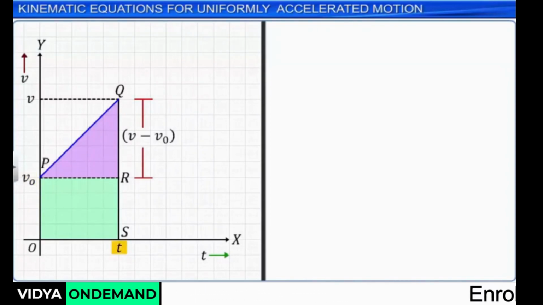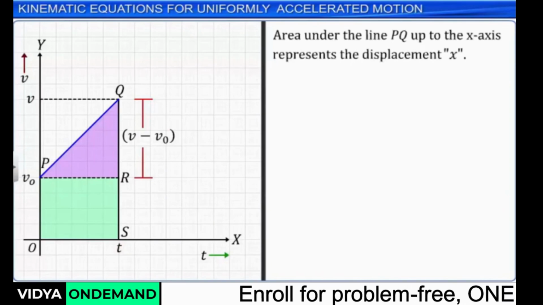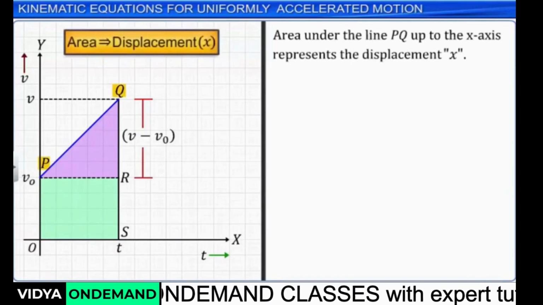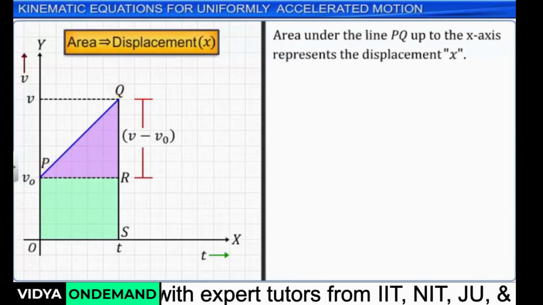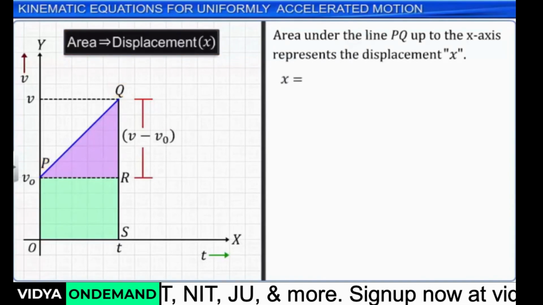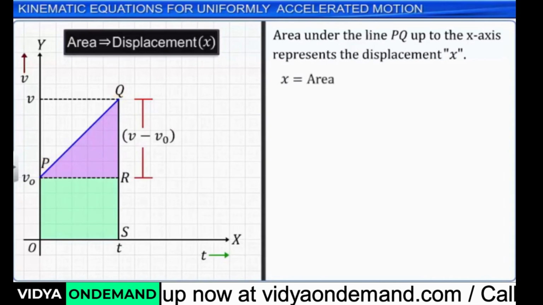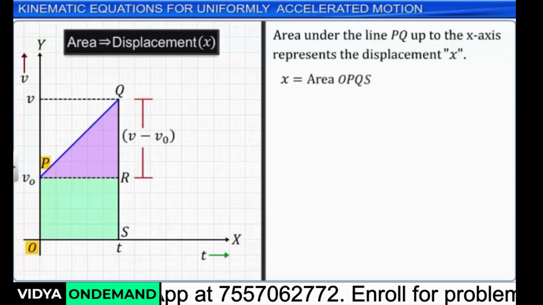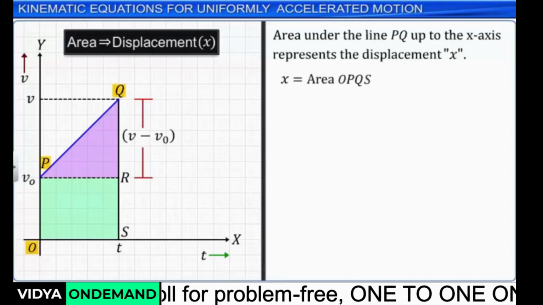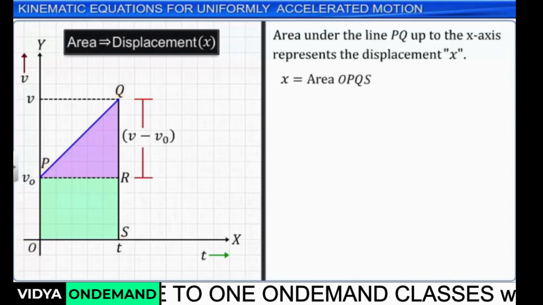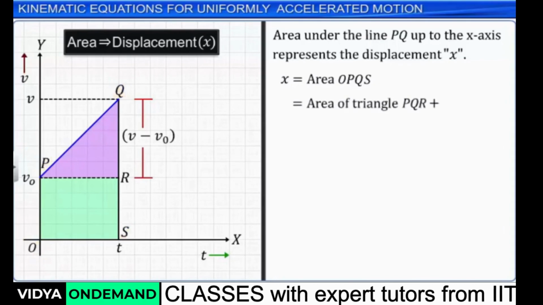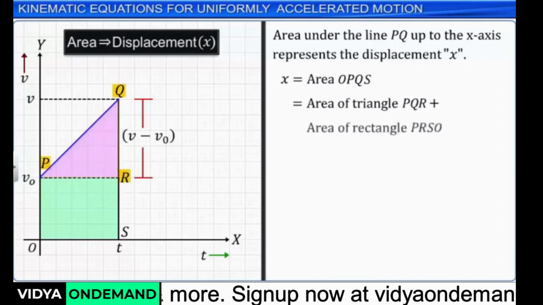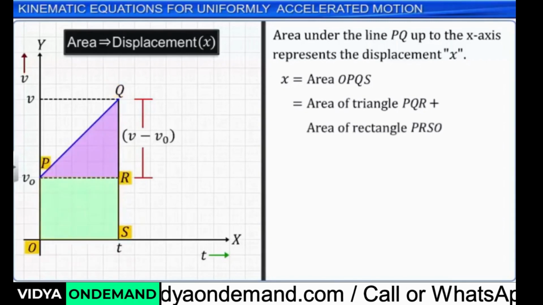Displacement x is represented by the area between the lines joining points O, P, Q, and S. This is equal to the sum of the areas formed by the triangle PQR and the rectangle PRSO. We get the value of x as half the product of t and the difference of v and v naught plus the product of v naught and t.